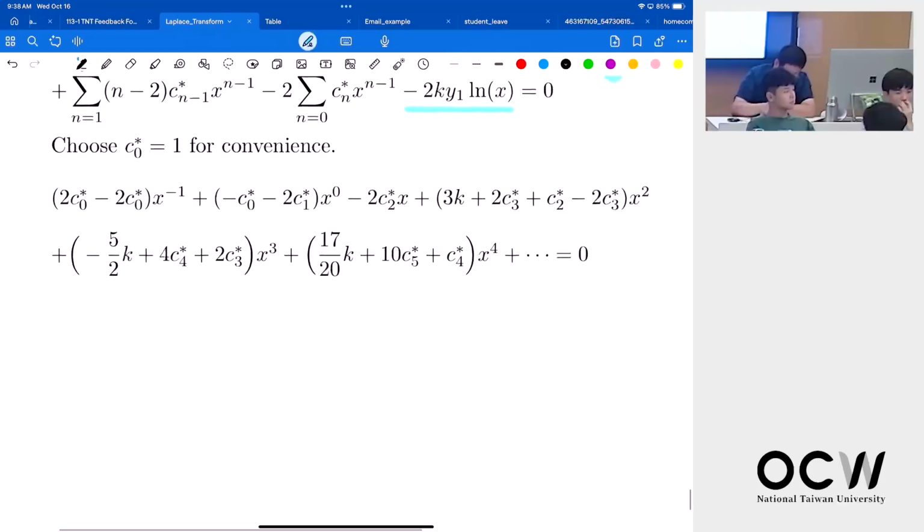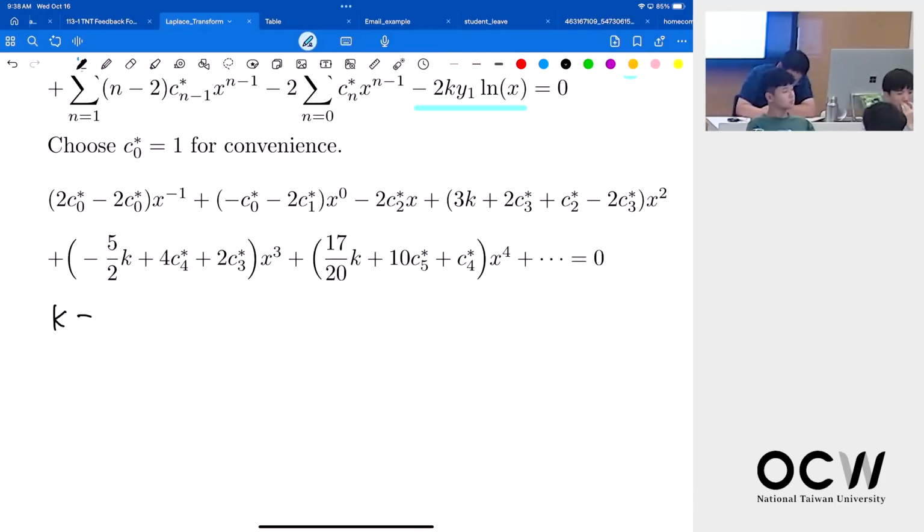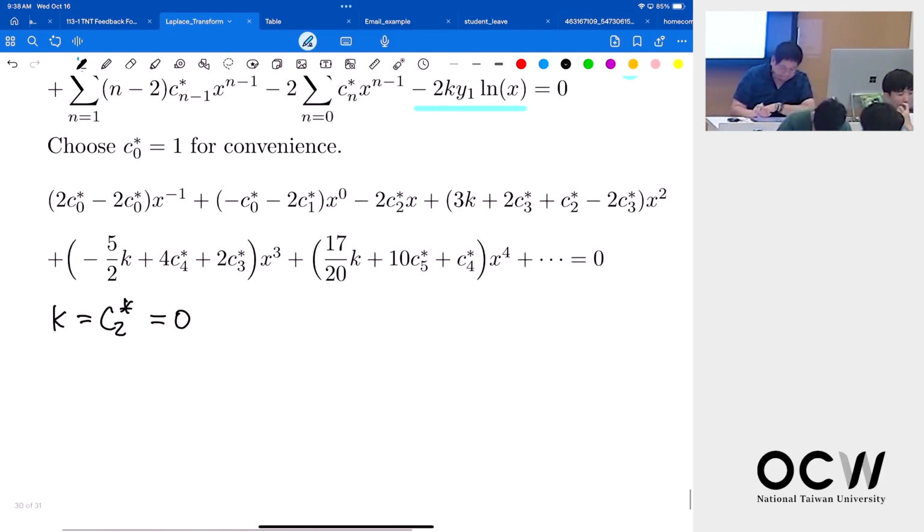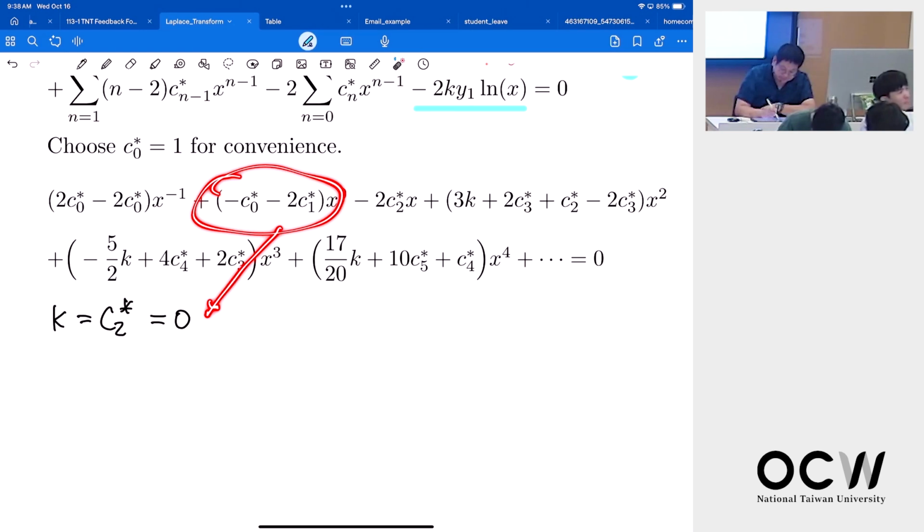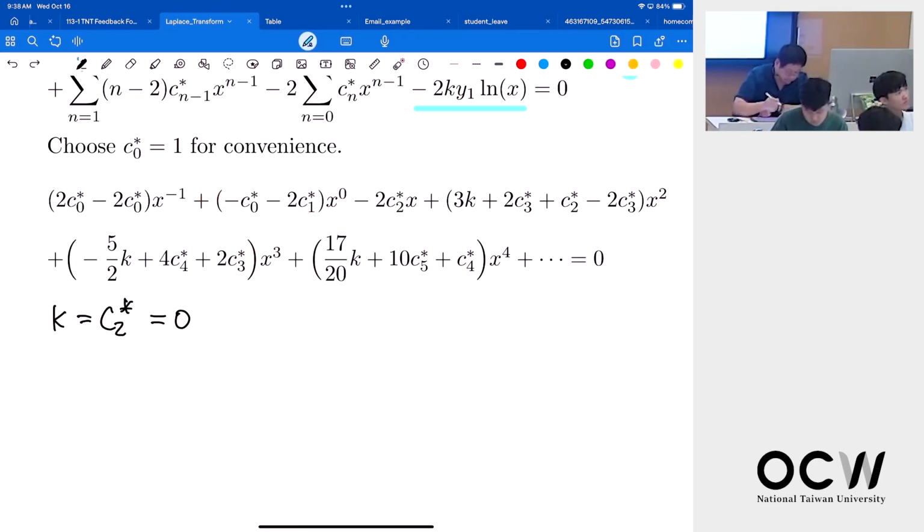Here we choose k equals c2 star, and we say that this is 0, also for convenience. From this part, c1 could be expressed in terms of c naught star. So c1 is minus 1/2 c naught star.